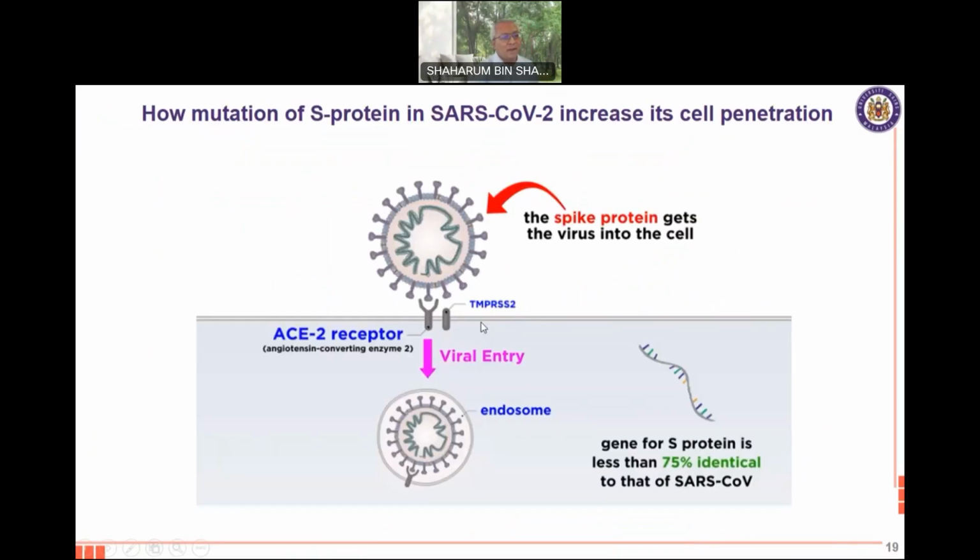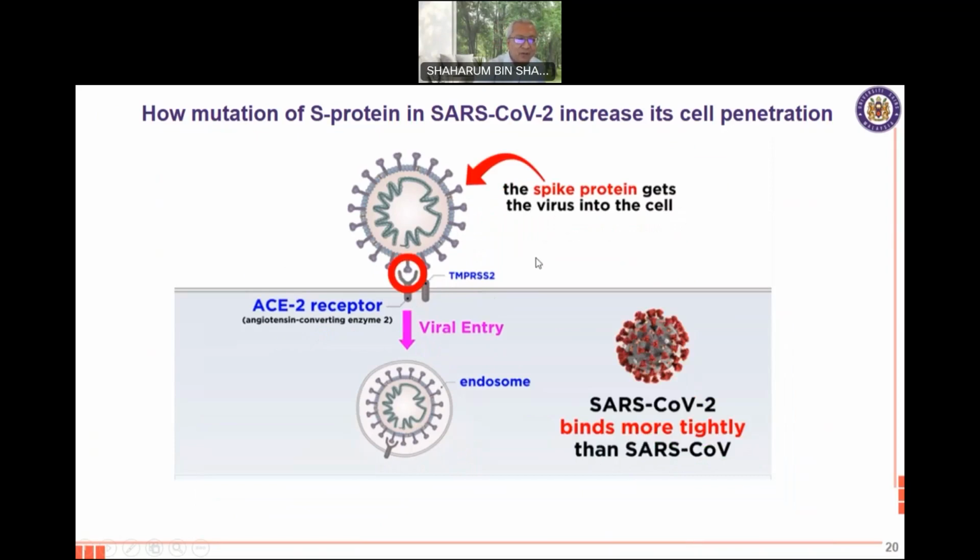If you see here, this is the SARS-CoV-1 interaction of the ACE2 receptor with the spike protein of the virus. For SARS-CoV-2, you can see that with the mutations that happened throughout evolution, it produces an even better interaction.